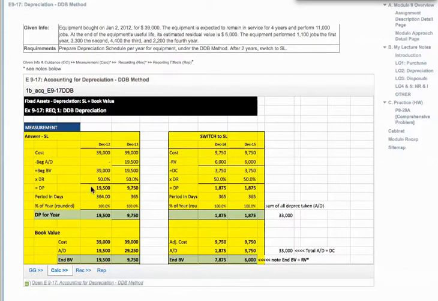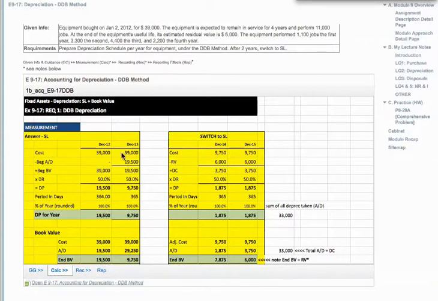In this case, we end up with a depreciation for the period, which is again the year, of $19,500. If you then calculate the book value at the end of that first year, it is $39,000, the cost, minus the AD, which comes from the first year depreciation of $19,500. So the end of the year book value will be $19,500.